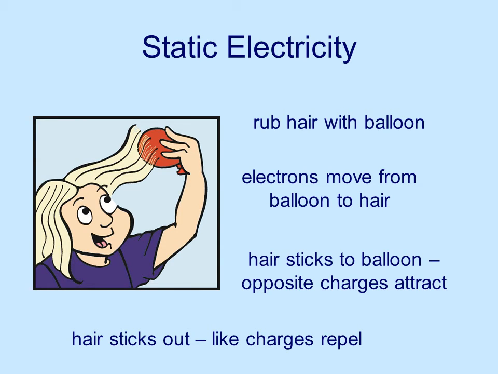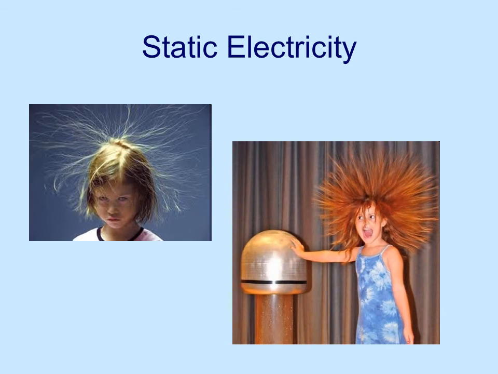Now, the hair sticks out because like charges repel. The hair has electrons. They're all negatively charged, so those hair strands are going to repel one another and the hair is going to stick out. Now, there's a couple of really vivid examples of this. The girl on the left may have rubbed her hair with a balloon, or she may have brushed it real strongly, but anyway, you can see the hair pieces repelling each other.